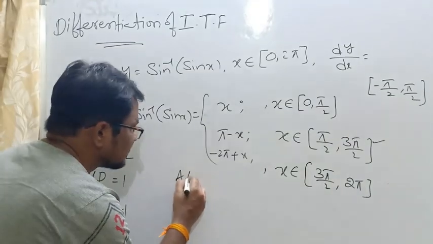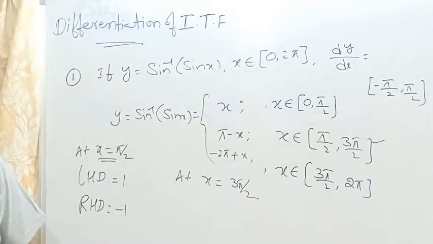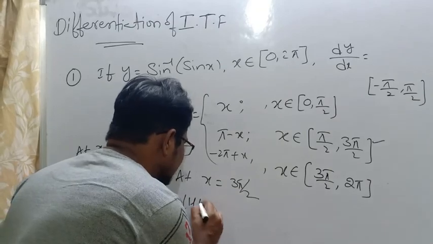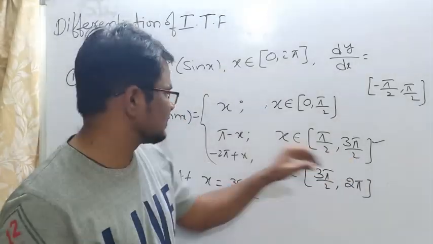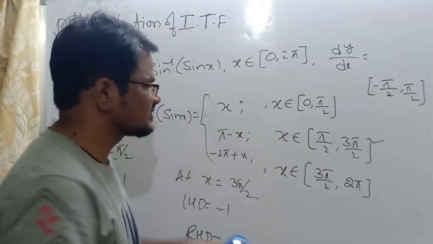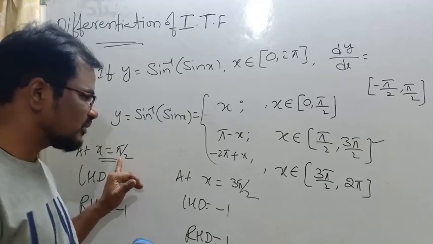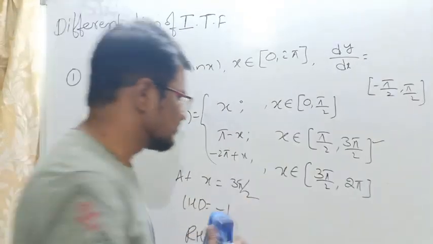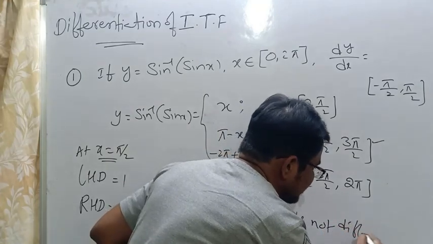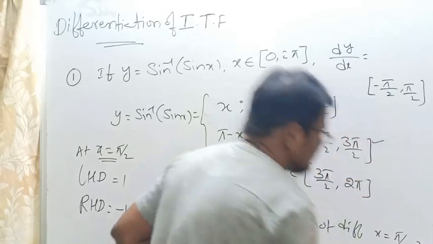Next at x equal to 3 pi by 2, the LHD, left hand derivative, is minus 1, and the RHD, for x greater than 3 pi by 2, is 1. So at x equal to pi by 2 and x equal to 3 pi by 2, f is not differentiable.